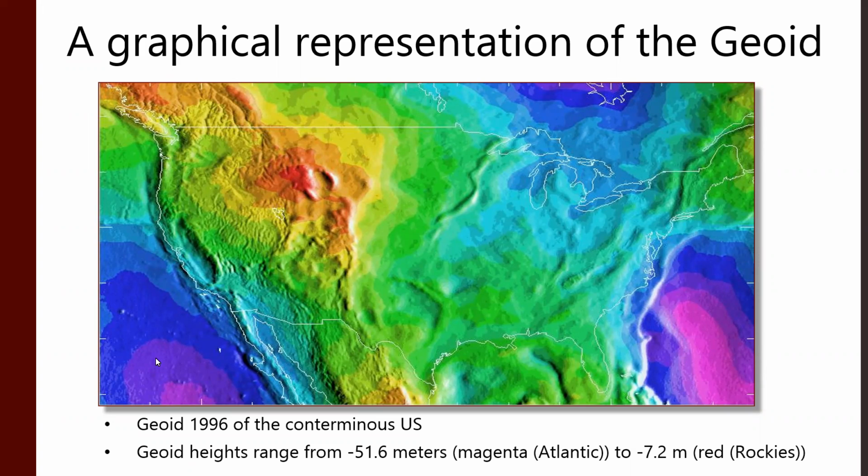These geoid heights represent pretty much all below mean geoid height elevations. So from the magenta, which is 51 meters below geoid mean height, to 7.2 meters below geoid mean height.